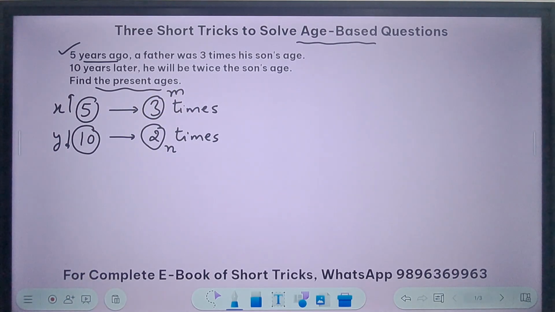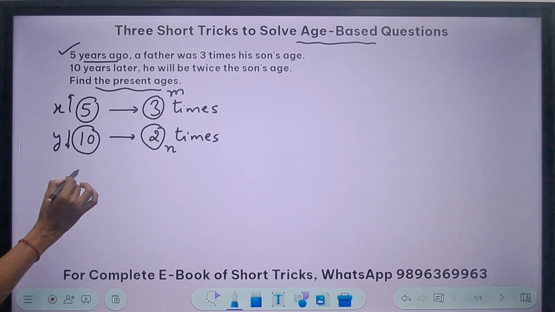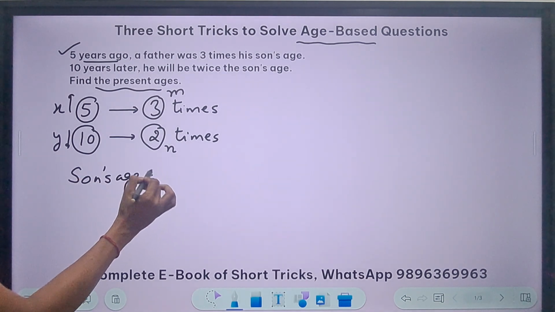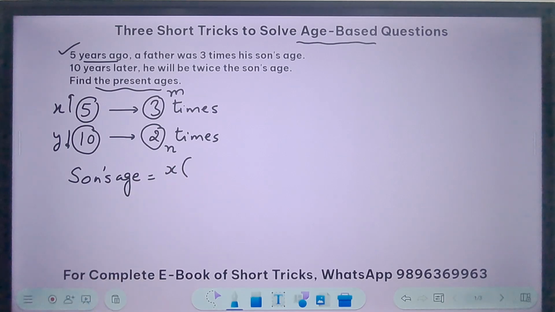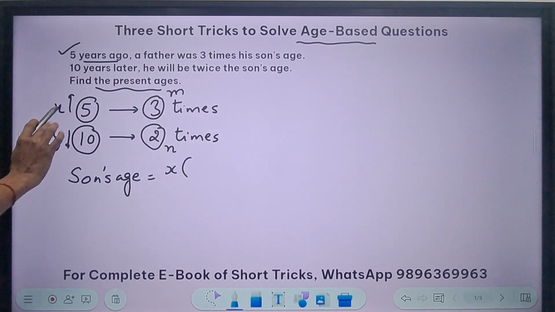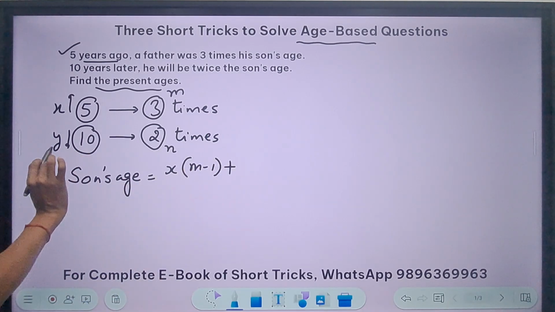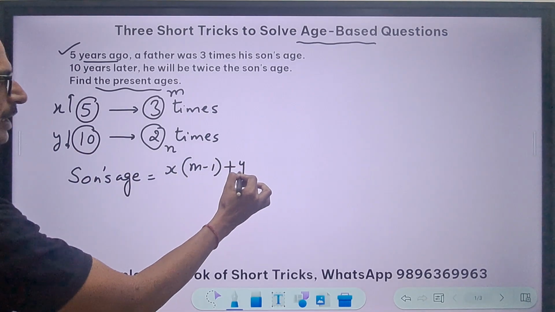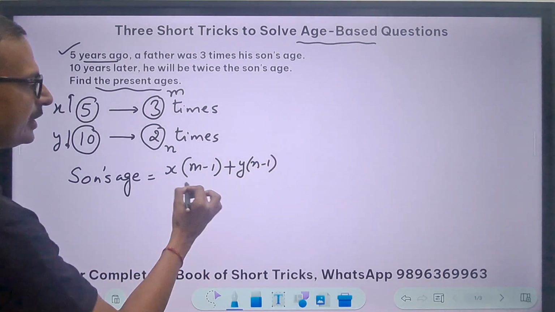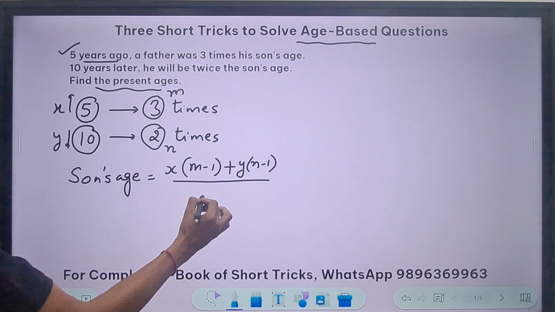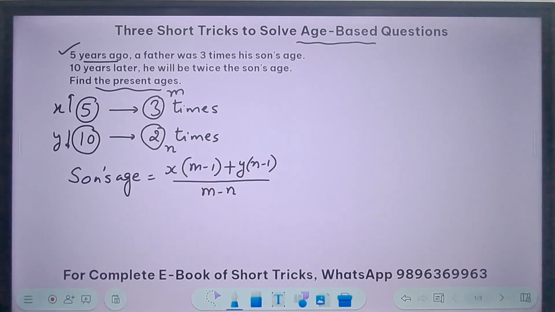So we just need these 4 variables, and using these 4 variables we can directly find the son's age. So the son's age will be x times, so we will relate it to m. So m minus 1, and then add what? The similar term here, y times n minus 1, and in the denominator just do the difference of m and n.